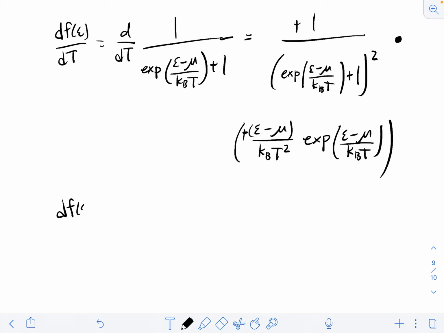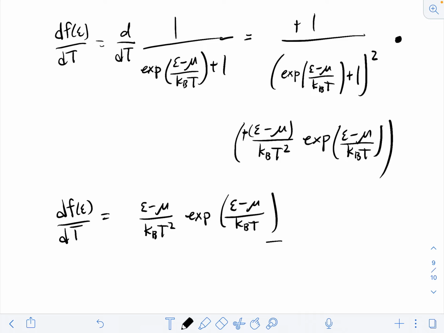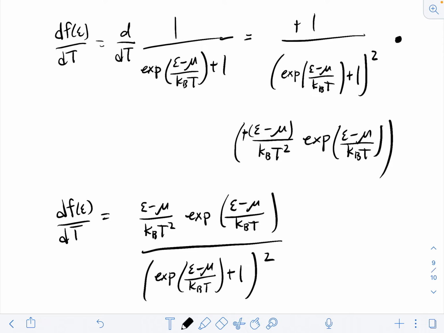And so let's write it a bit nicer over here. We're going to have (epsilon minus mu) over k_B T squared, times the exponential of (epsilon minus mu) over k_B T, over the exponential of (epsilon minus mu) over k_B T plus 1, and all of that squared. So I think that's what it is. So that's kind of a mess.